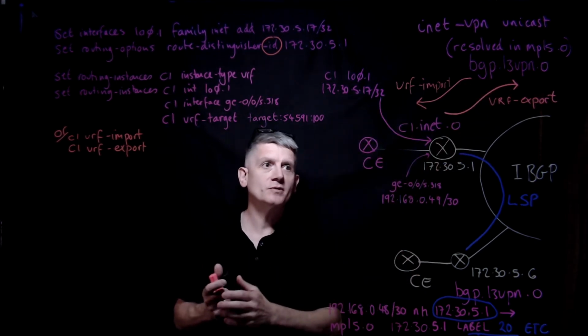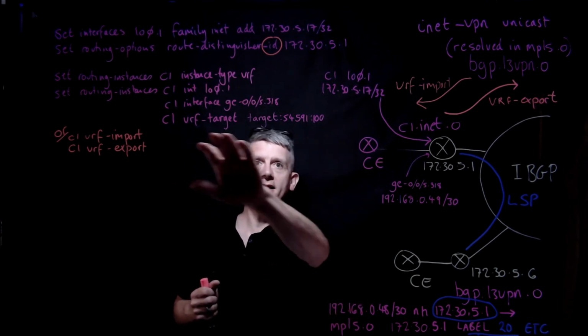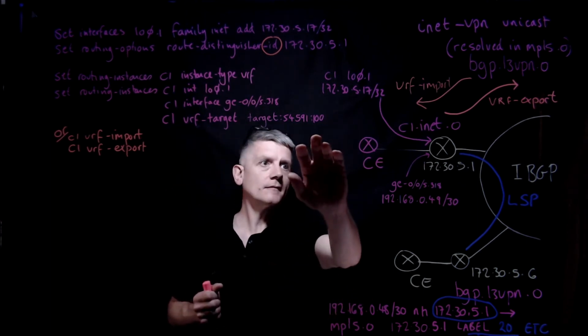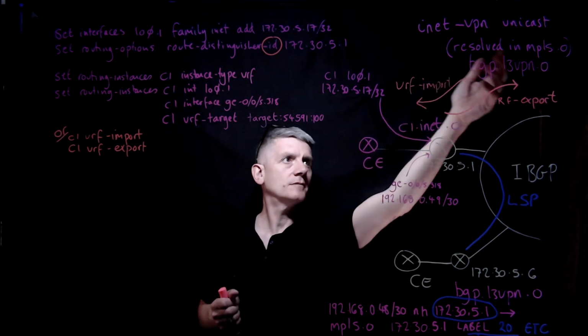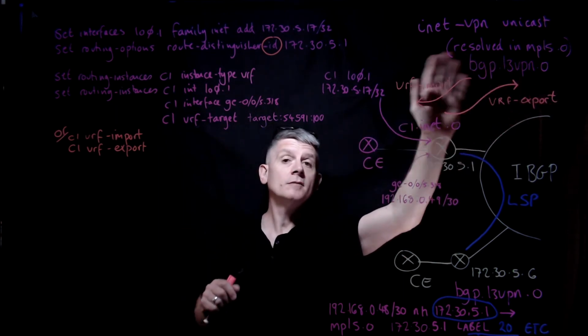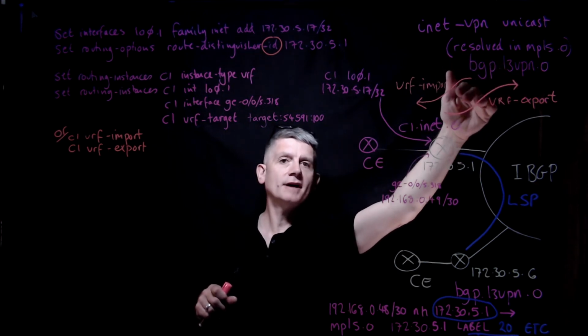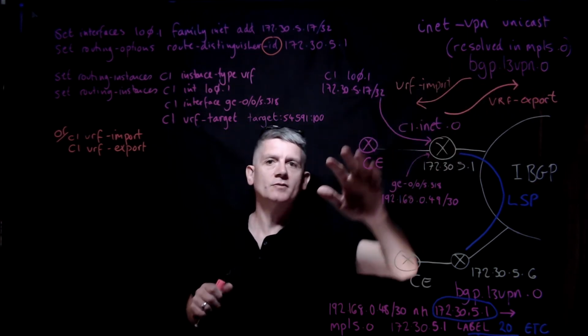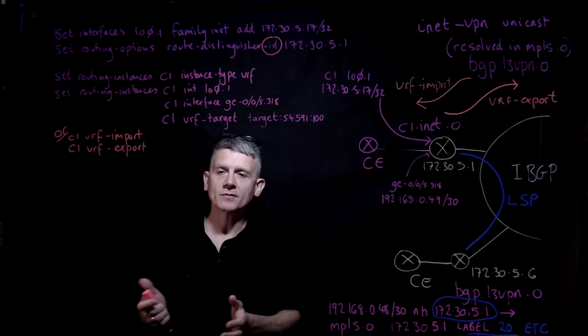So it really sets it all up automatically, this single command here. It's going to take the routes, push them into BGP L3VPN, mark them with the community, be on the watch out. If a route comes in with that target, it will pull it back. And that works well.